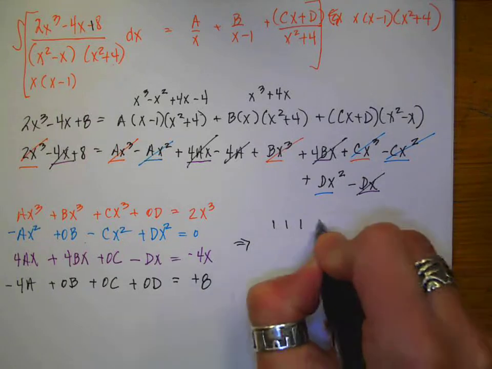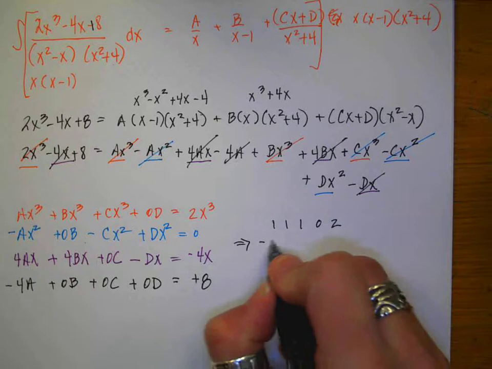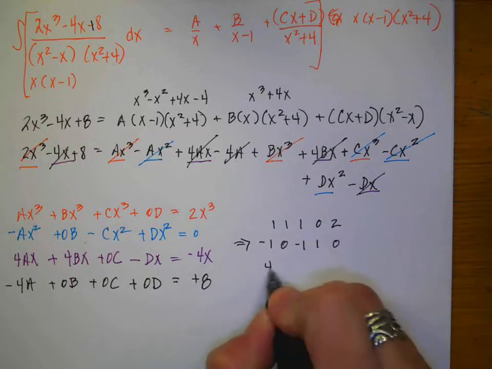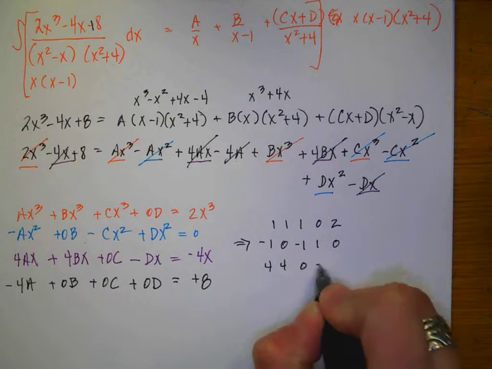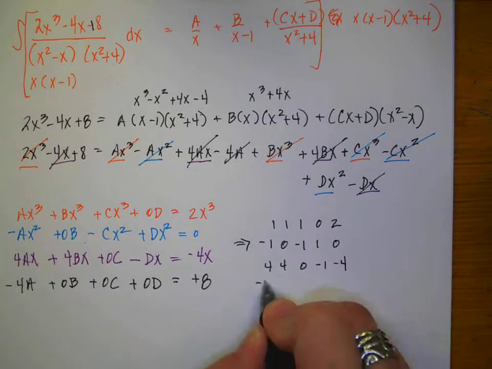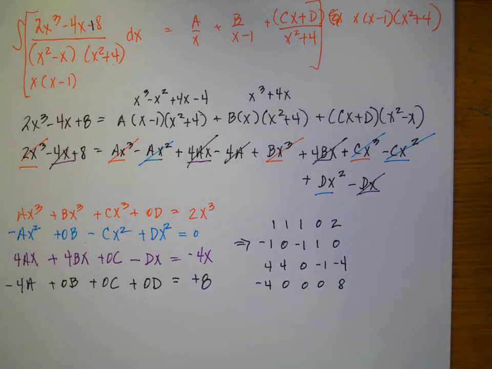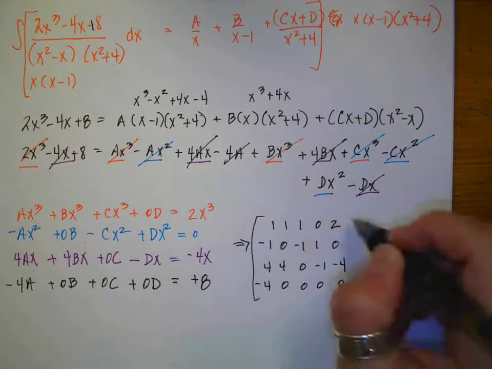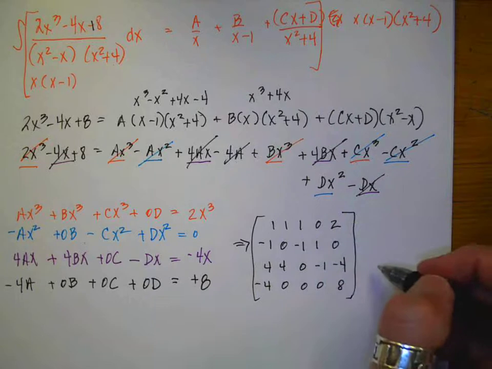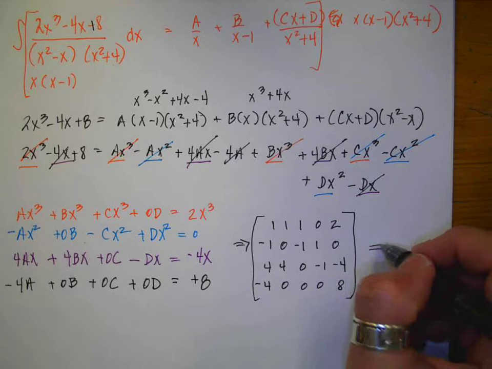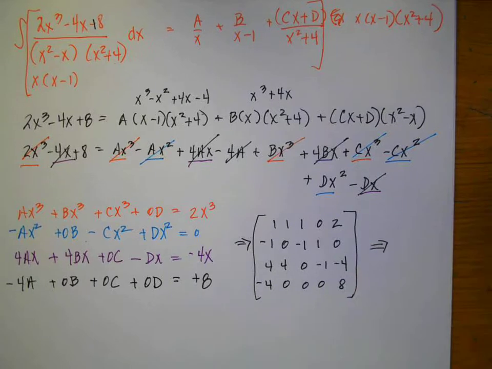All right, so now when I turn this into my augmented matrix, I'm going to get 1, 1, 1, 0, 2, negative 1, 0, negative 1, 1, 0, 4, 4, 0, negative 1, negative 4, negative 4, 0, 0, 0, 8. I'm going to run this through my calculator, so I enter my data. Again, you need to be really careful with your data entry, just like you need to be careful writing down the problem.